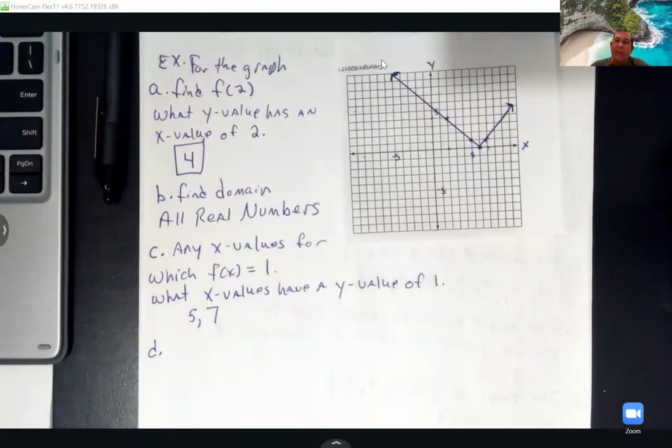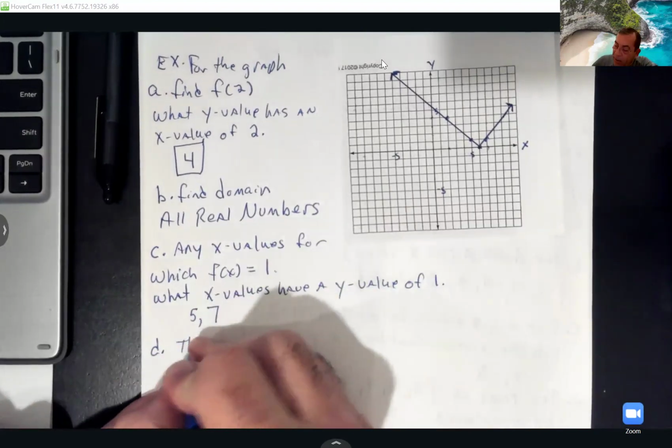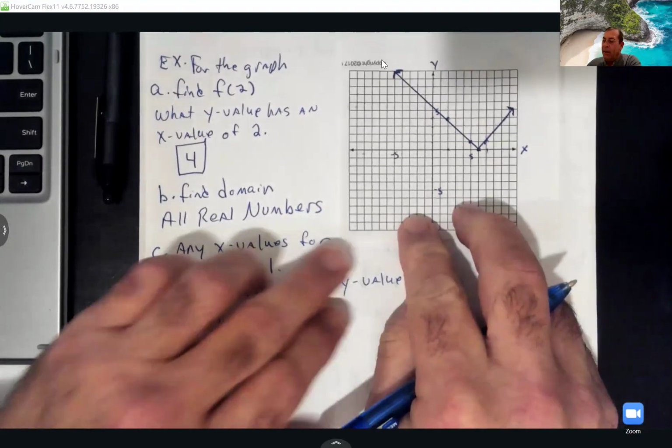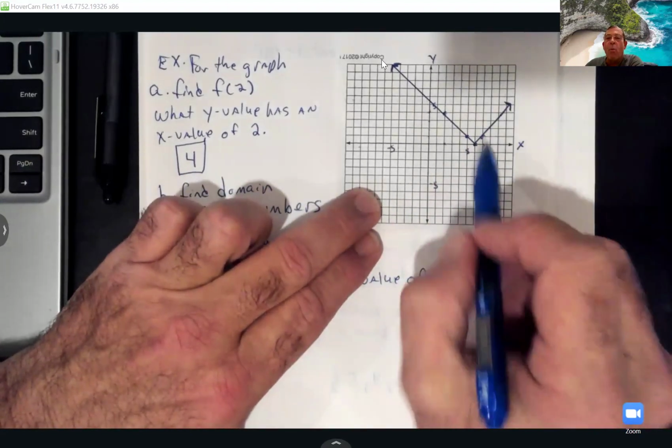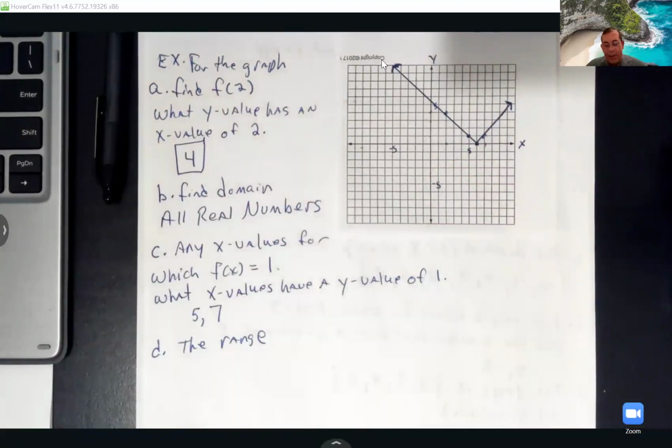And then y'all remember the last one will be the range. So they want to know the range. Now remember, the range is my y values. So here's the question on that one.